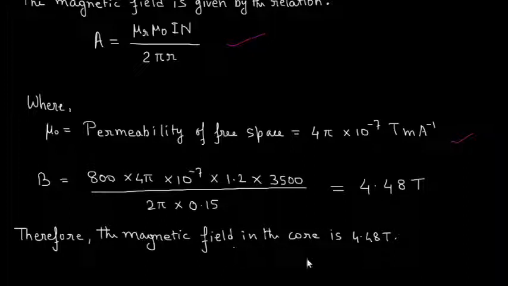Therefore, the magnetic field in the core is 4.48 Tesla. So here some corrections are needed. By mistake A was written, it is B, the magnetic field. So let us see the next question.